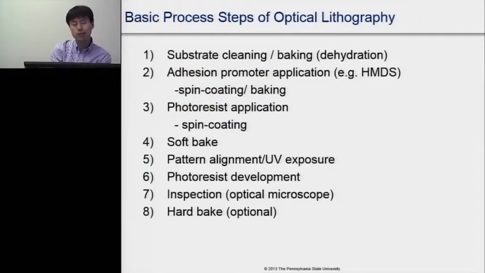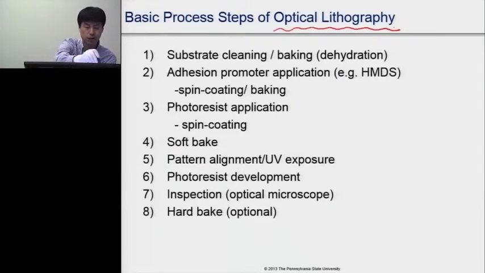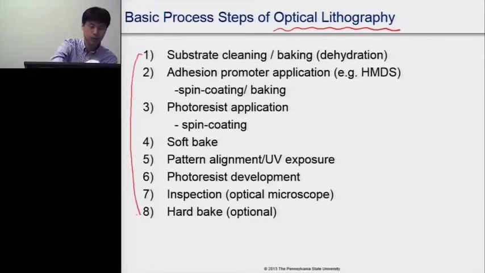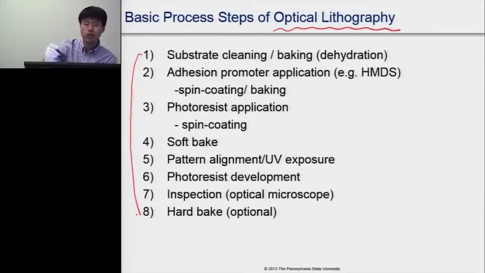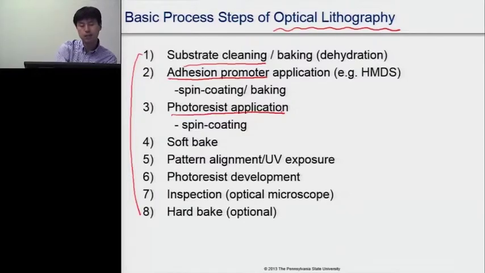So for this pattern transfer process, we will need these 8 process steps. We need substrate cleaning and baking, and then apply the adhesion promoter layer, and then spin coat the photoresist, which is a photosensitive polymer.